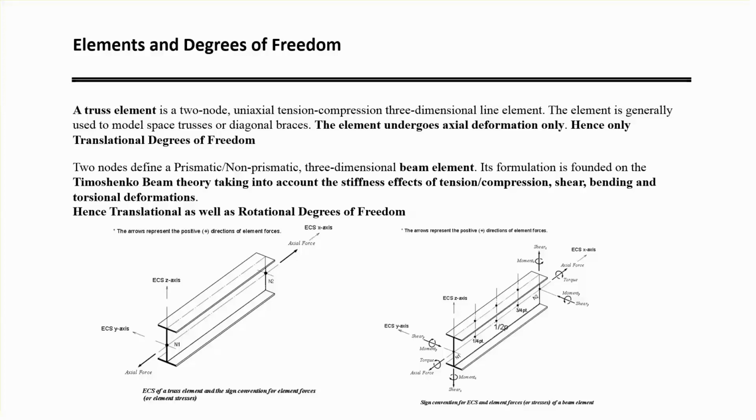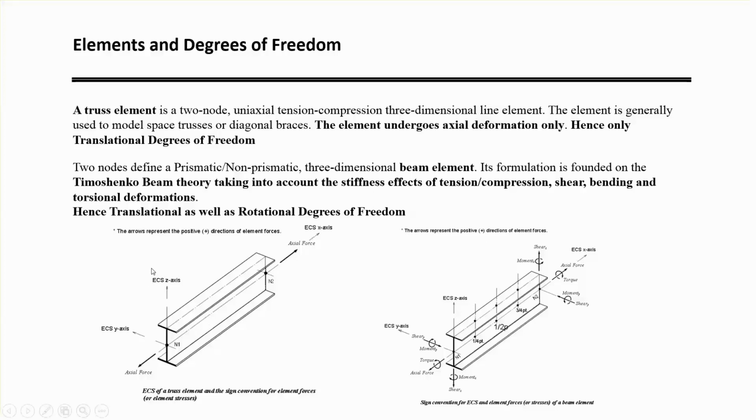And there is another element, the beam element, which you are all familiar with. It will carry tension, compression, that means axial forces, shear forces, bending, as well as torsional deformation. You can see these diagrams.